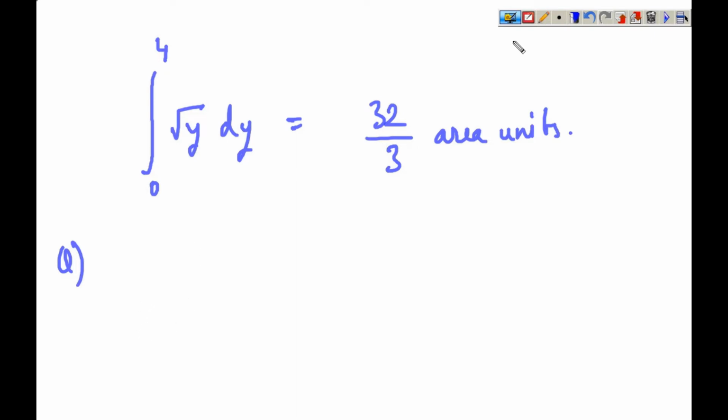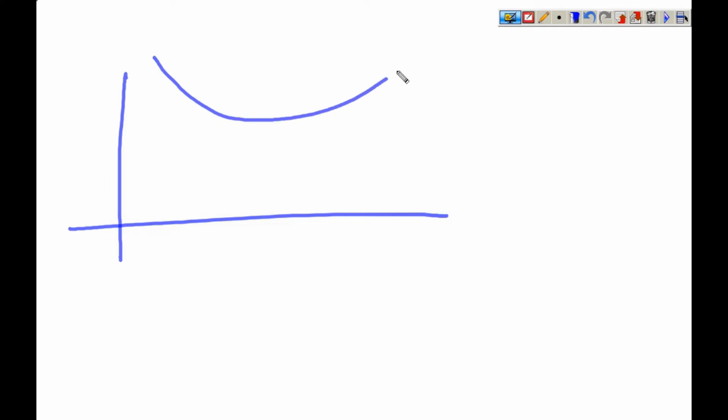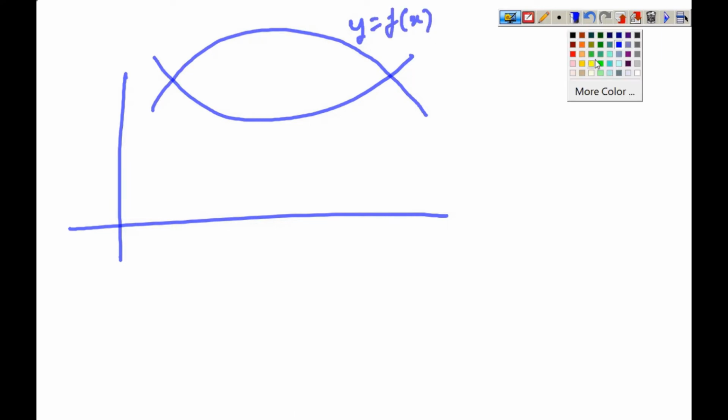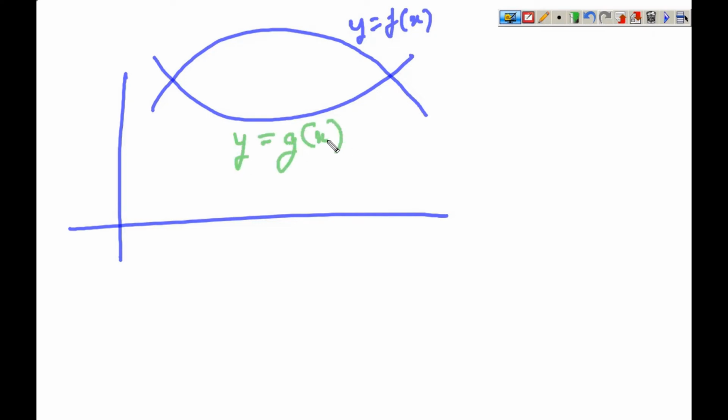So before we begin, let's see how to find the area between two curves. Let's draw a rough diagram here. So if I have been given two curves, one is like this and another one is like this, and this one is y equals f of x, and this one is y equals g of x, and I need to find the area between these two curves.